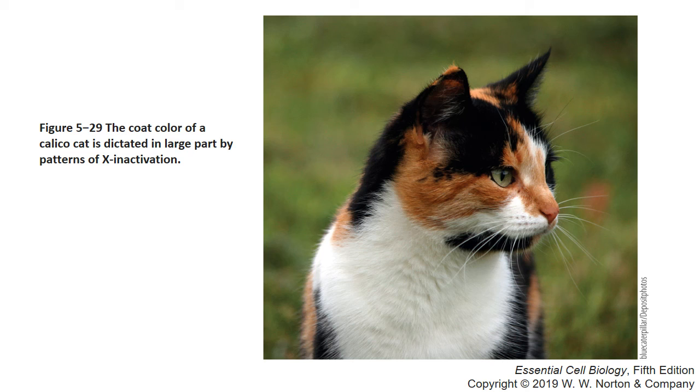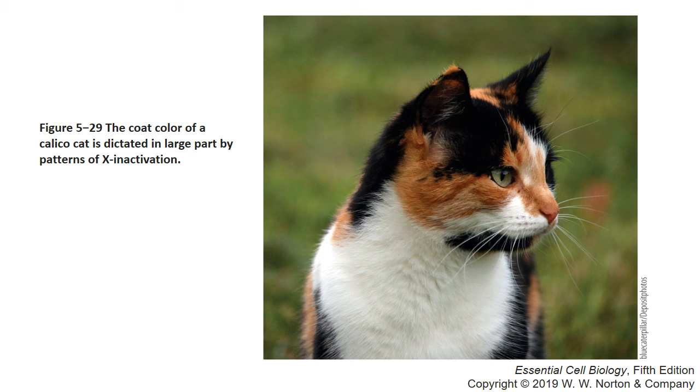Only females get the name, and the reason they have these patches is because their fur color is actually determined by the X chromosome. One gene will code for the black fur, and the other version of the allele will code for the orange fur. Depending on which X is inactivated will determine what color will show through.